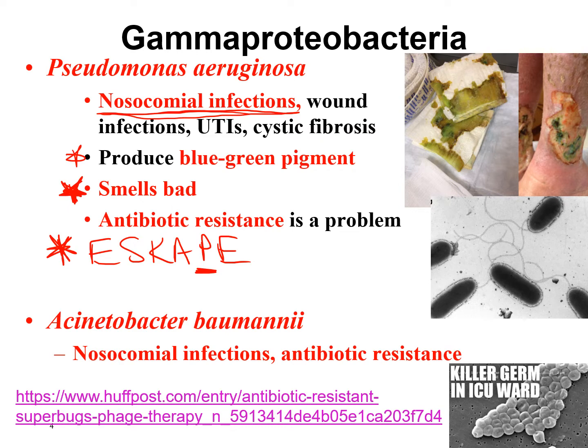And remember that the Acinetobacter baumannii is also an escape pathogen. So it's the A in escape. So that means we've got lots of antibiotic resistance with this bacterium, and it can also cause these nosocomial infections.